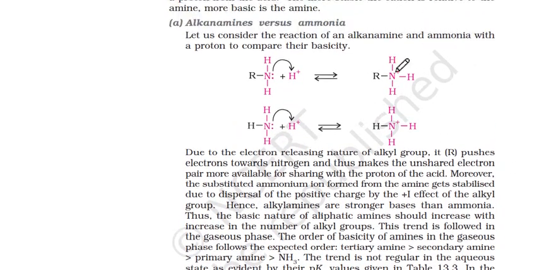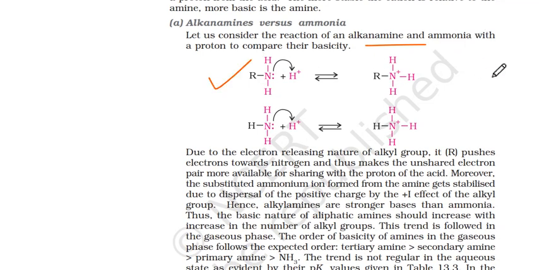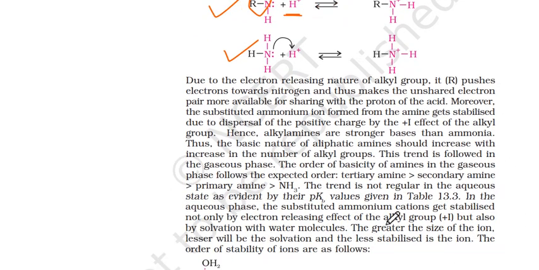So basically we'll see which is more basic. Let us consider the reaction of alkane amine. This is an amine and you have ammonia also over here. Alright, you have R group over here instead of one hydrogen. You have taken a primary amine and you've made it to react with H positive, any acid or anything that is basically positive in nature. Due to the electron releasing nature of alkyl group, the R basically it pushes electrons towards nitrogen, makes the unshared electron pair more available for sharing with the proton of the acid.